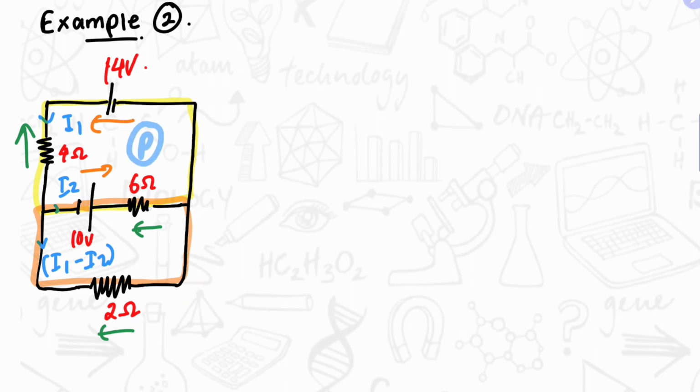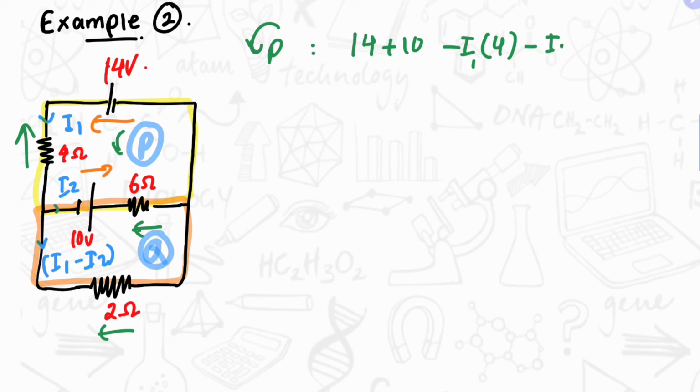Let's call this P and this Q. If we consider loop P in the anticlockwise sense, this will give us 14 plus 10 minus I1 times 4, and minus I2 times 6 is equal to 0.